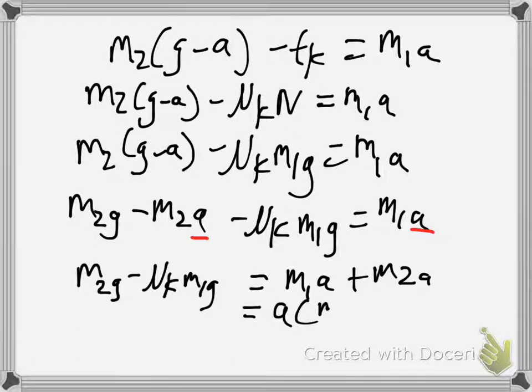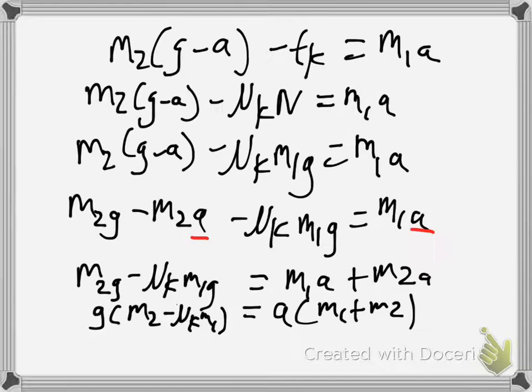So a times m1 plus m2, and now I can factor out g: m2 minus mu k m1.